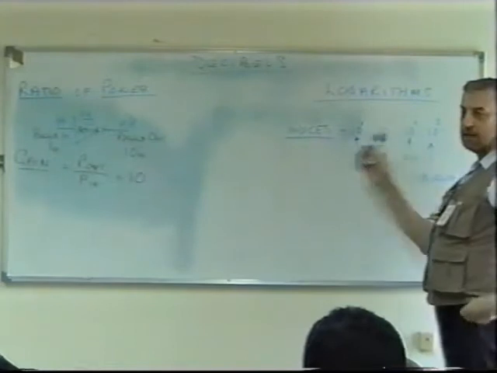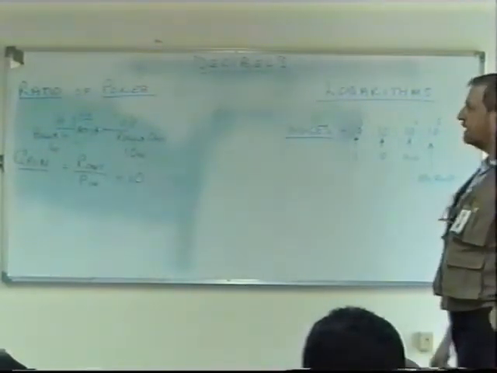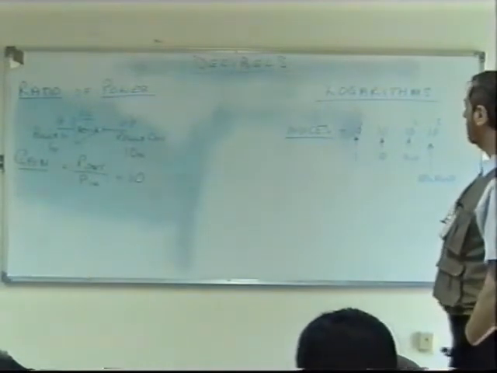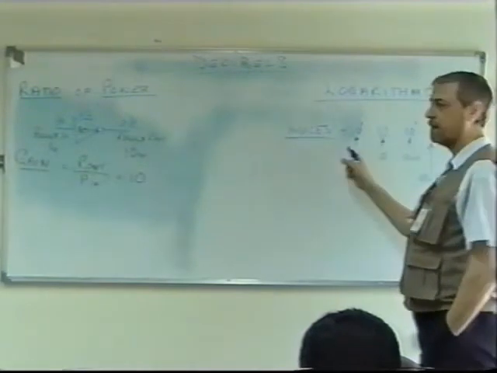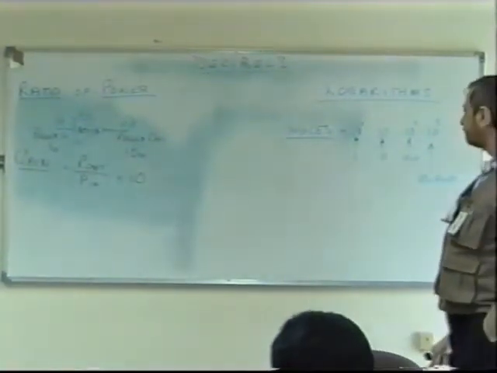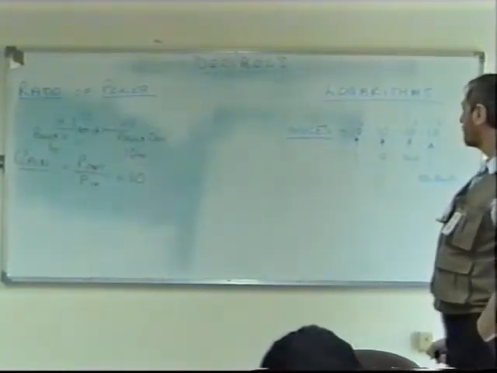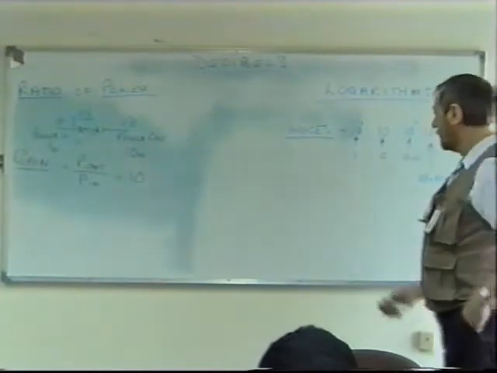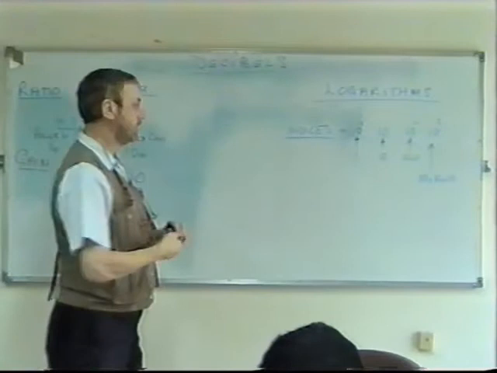These are common logarithms to the base 10. You can take logarithms to any base you like, but in our case, when we talk about decibels, we're going to talk about common logarithms, logs to the base 10. Now, another way of presenting these indices is to do it the other way round.